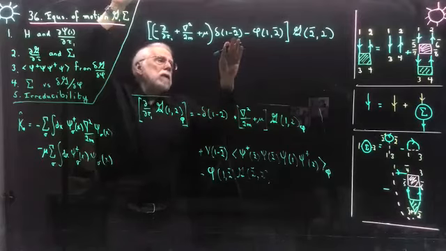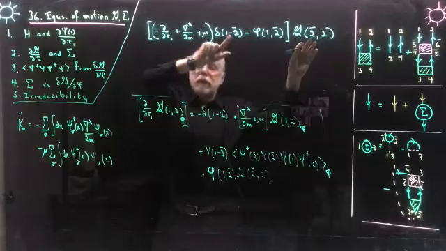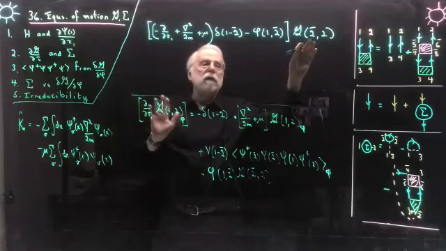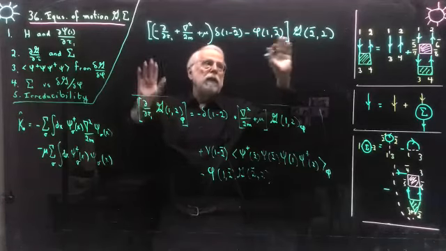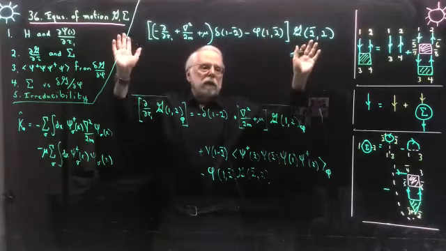You see what happened? The 2 bar here becomes a delta function that becomes 1, just like we had here. But now, because of this phi, it allows me to write this in a more general way.